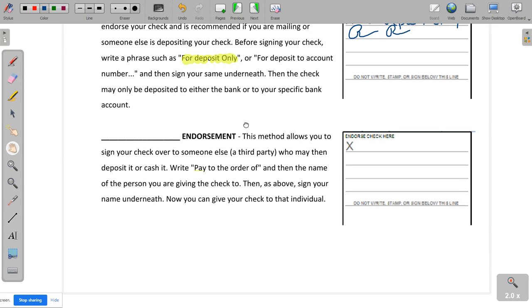The last endorsement. This is a special endorsement. This method allows you to sign your check over to someone else, who may then deposit it or cash it. So, what we're going to write is pay to the order of.